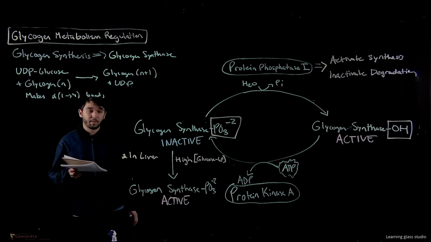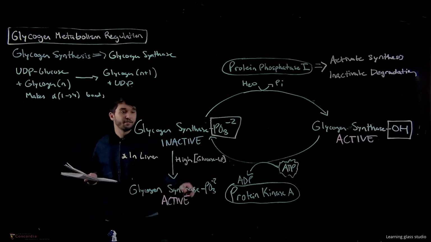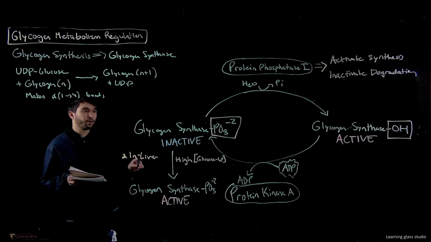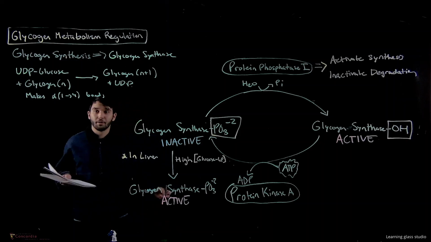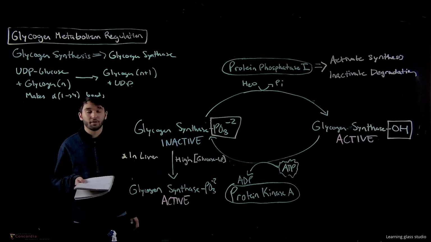Now let's look at what happens in the liver. This is allosteric regulation of the phosphorylated form of glycogen synthase. The phosphorylated form, glucose 6-phosphate can bind to it allosterically at high concentrations and activate glycogen synthase. So what does high glucose 6-phosphate represent?